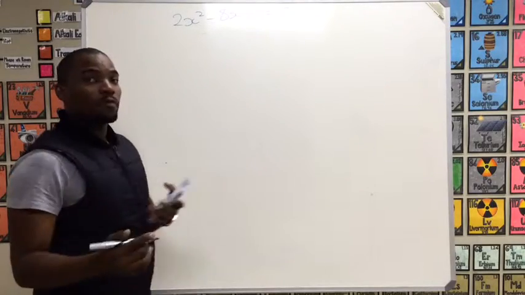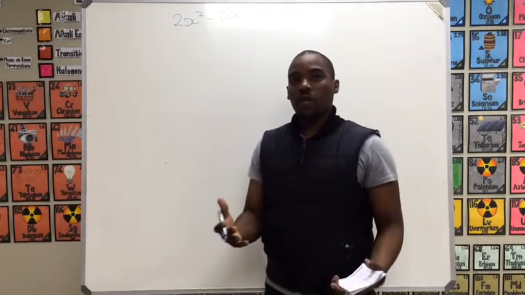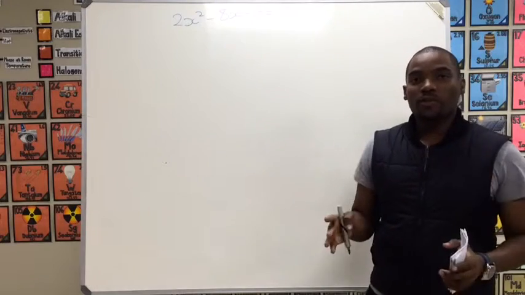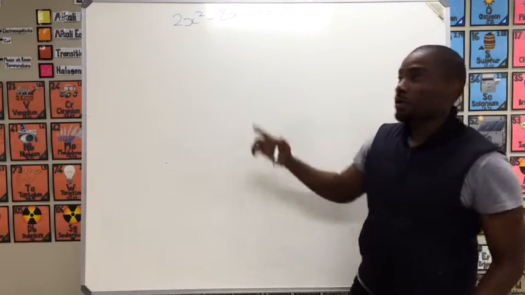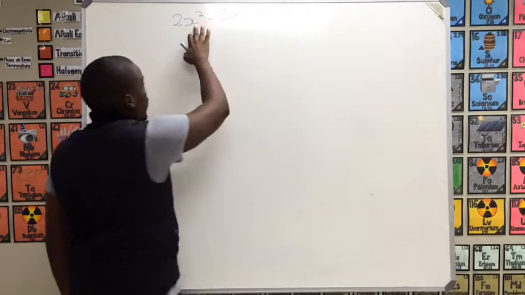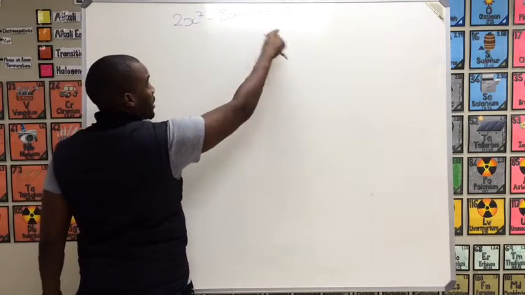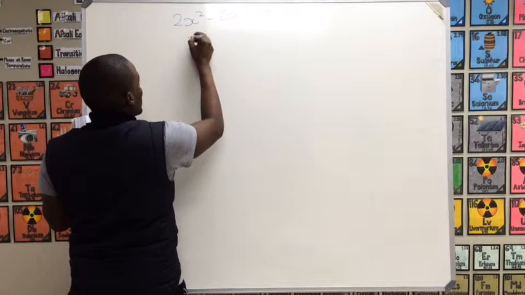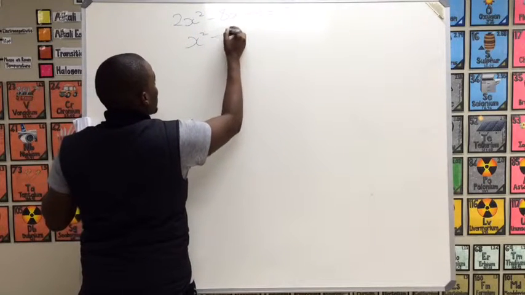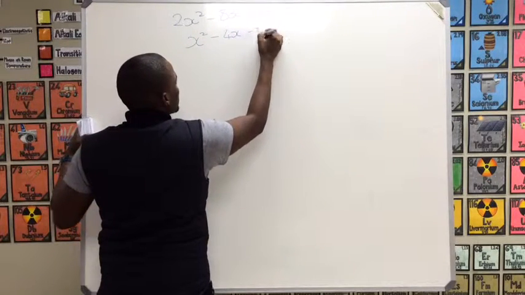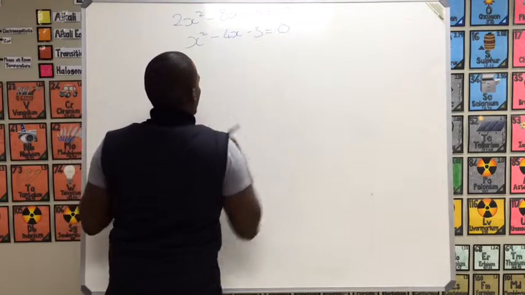And they asked you to solve for x by completing the square. A very important thing when you complete the square is that, first of all, make sure that the term with the x squared has a coefficient of 1. So I must first divide everything through by 2. So that's going to give me simply x squared minus 4x minus 3 equals 0.